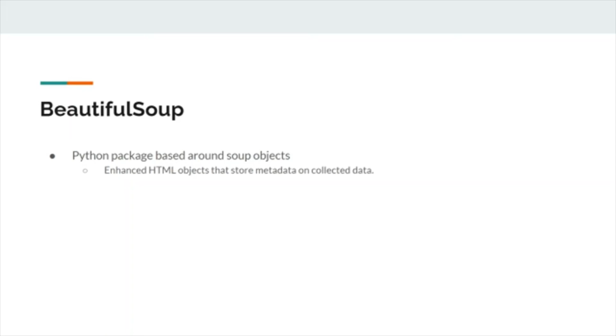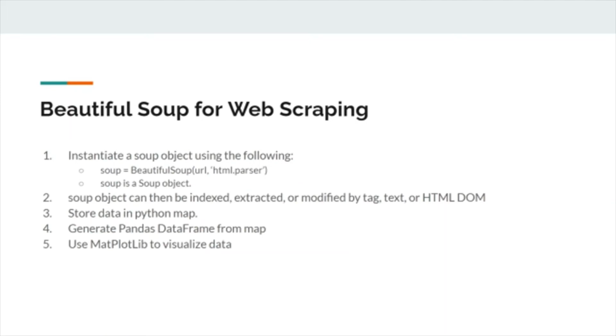It uses a lot of useful functions. You can use it to index, extract, or modify by the HTML tag that's being referenced, by the text in the HTML page, or by any of the HTML DOM values. So it's really useful for parsing HTML files.